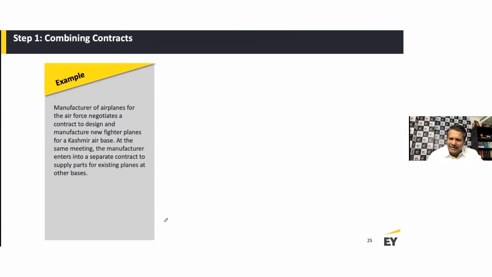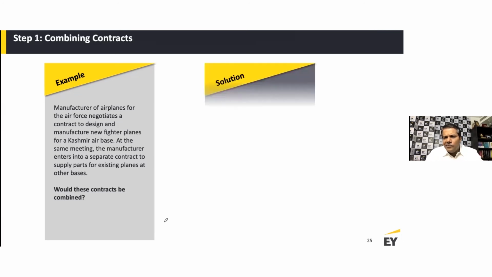The question is the supply of spare parts for existing airplanes versus supply of new airplanes. Do I need to combine them, or do I need to treat them as two individual contracts? When you're making this judgment, are they independent of each other, or dependent on each other? In this example, one is for an existing plane, the other is for a new plane.